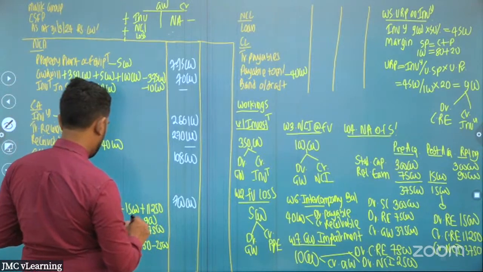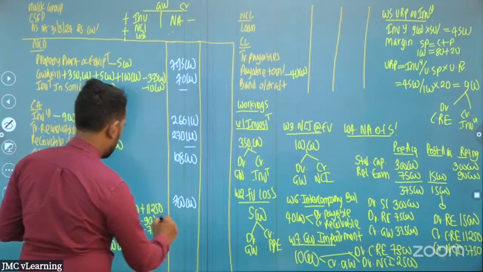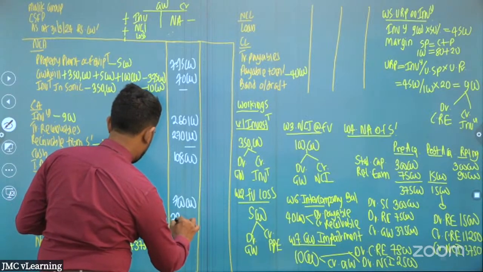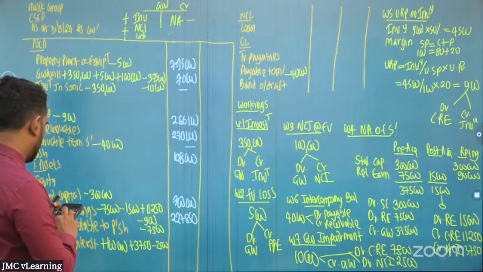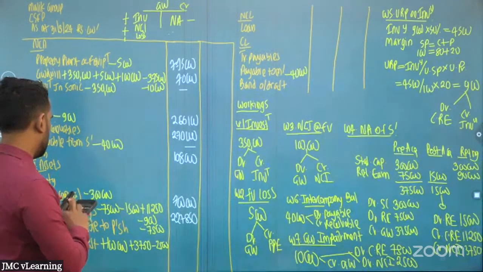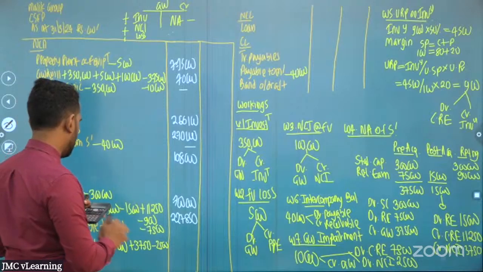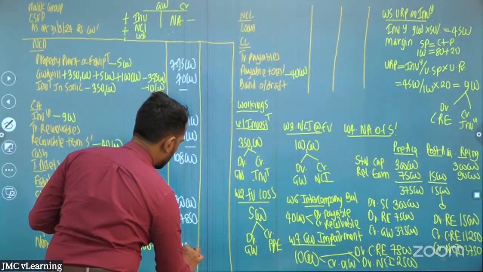Then you will arrive at an answer of 227,850. NCI: 100,000 plus 3,750 minus 2,500, which is 101,250.